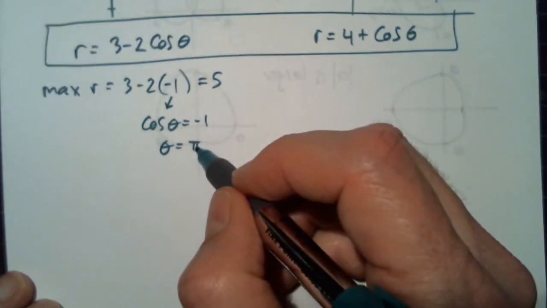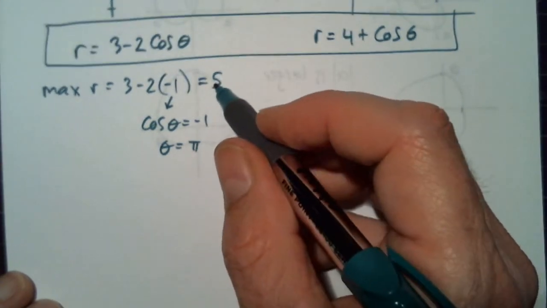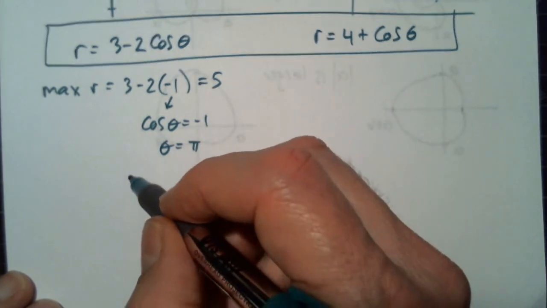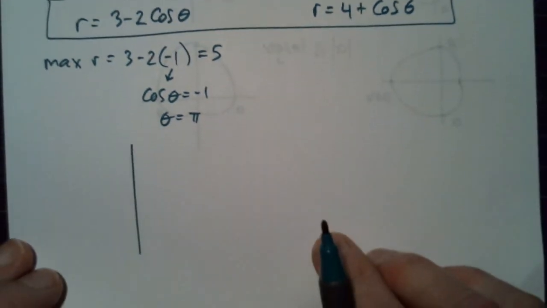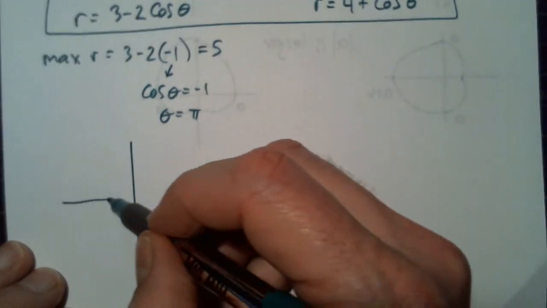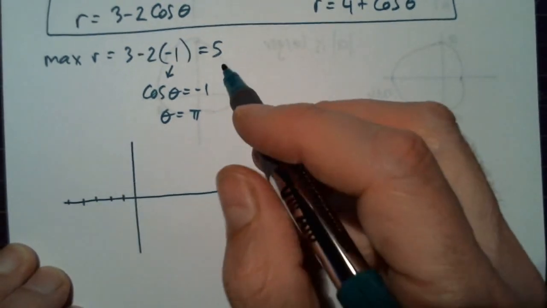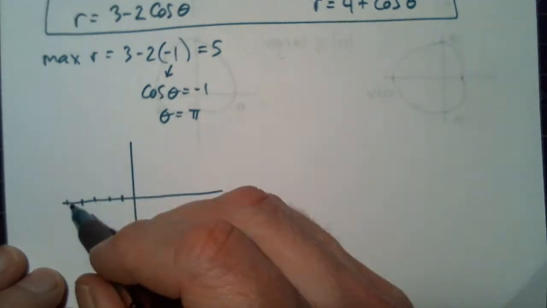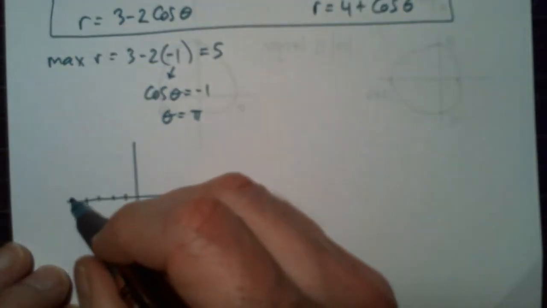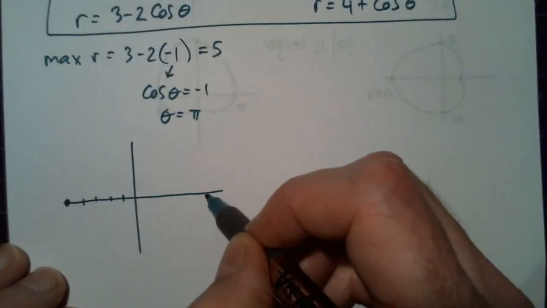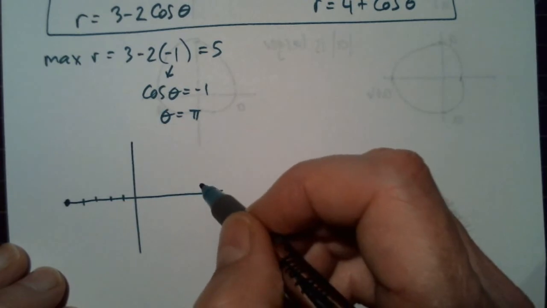So we're going to rotate to pi and have a radius of 5. And when we rotate to pi, we have a positive radius, so that means we do stay there.